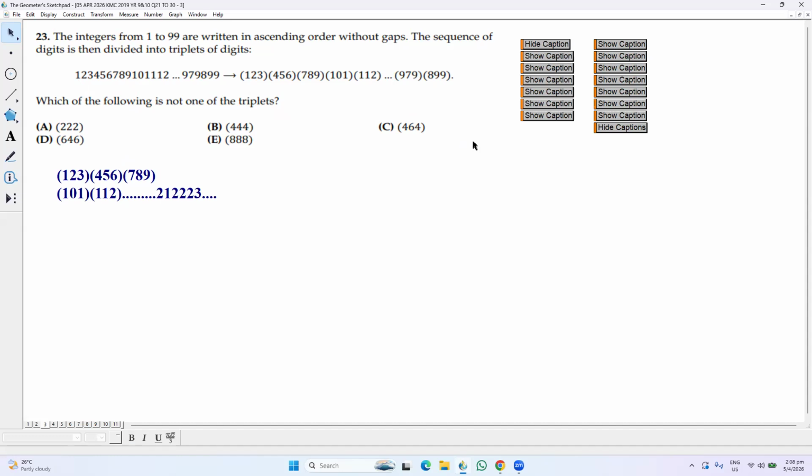Now, how to organize? We write vertically. Since the first 9 digits are already by themselves, 3, 3, 3, we start with 10, 11, 12, and write until we can get 2, 2, 2. 2, 2, 2 is 21, 22, then 23. The triple 2 will occur at 22 joined to 23.